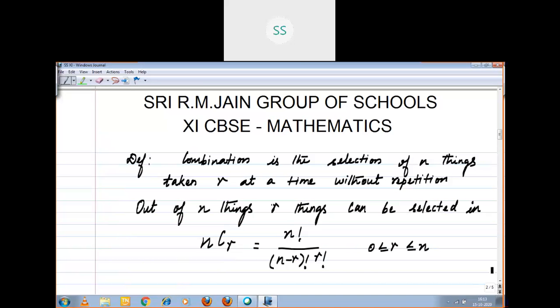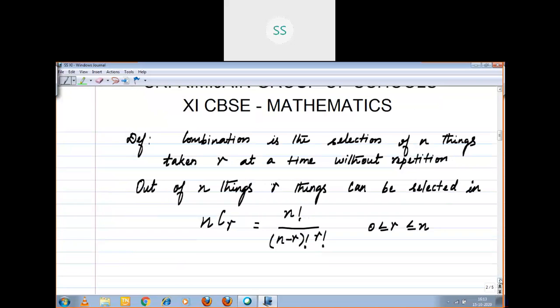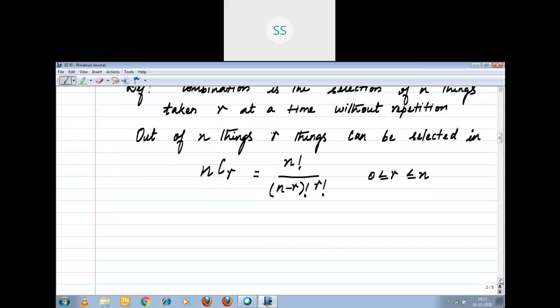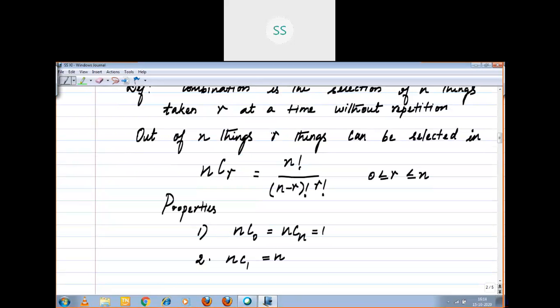Got it, children? Now I am going to give some results, properties. You have to listen. Property number 1: nC0 equals nCn equals 1. Property number 2: nC1 equals n.